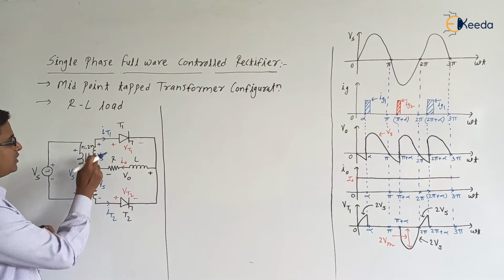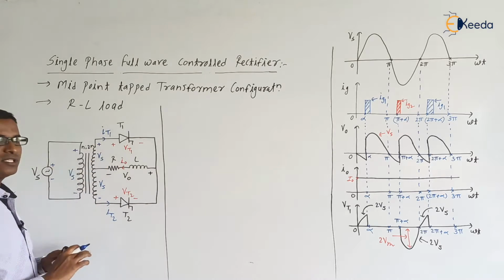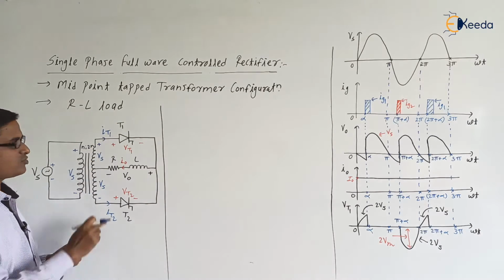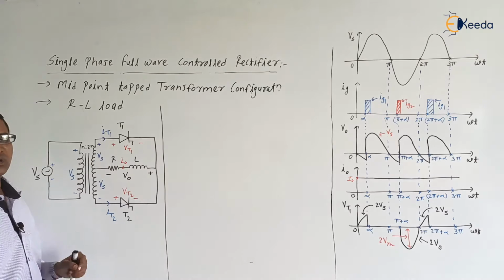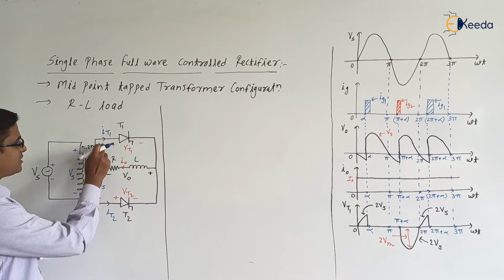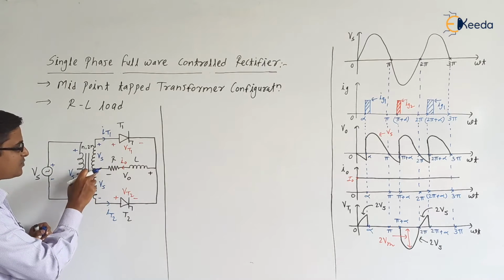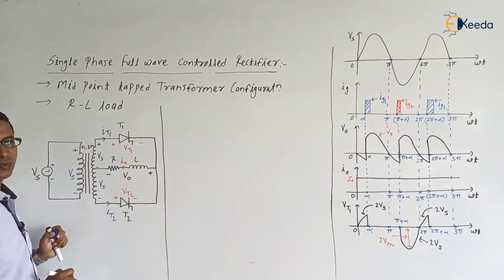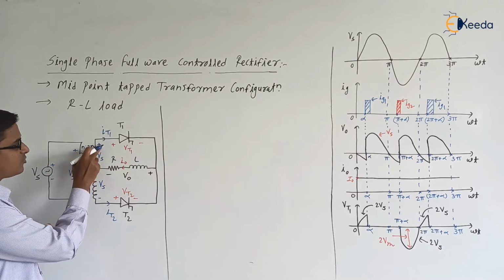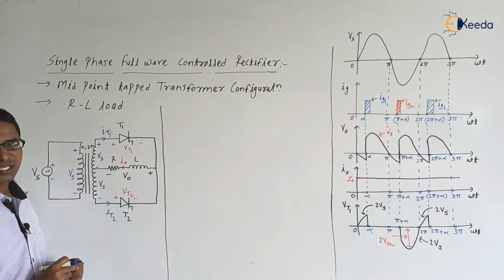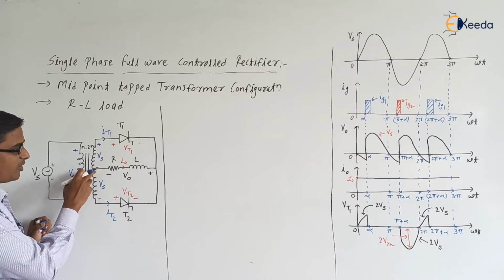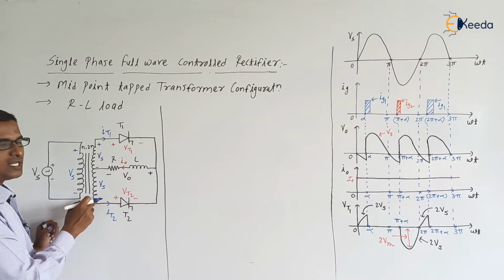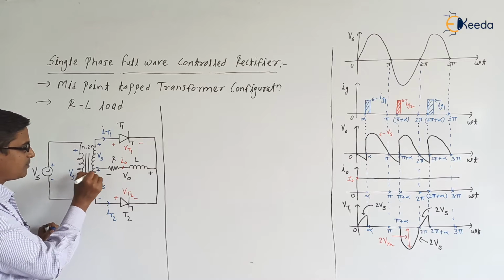From this point to this point the potential goes on decreasing. As the potential is decreasing, the potential at the center point is lesser than that of the upper terminal, and similarly the potential at the center point is greater than that of the lower terminal. So it is plus here.